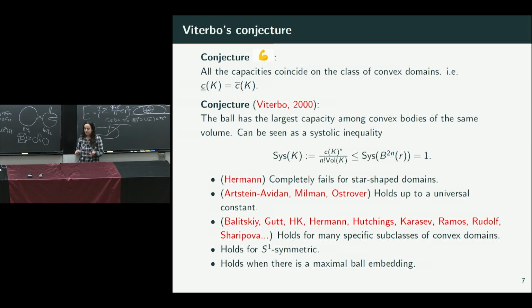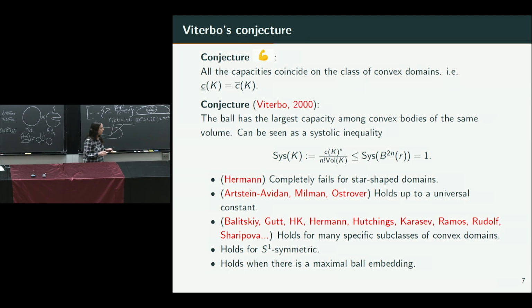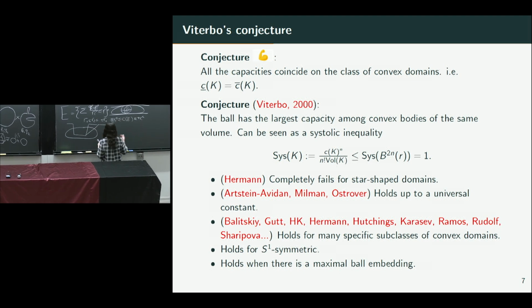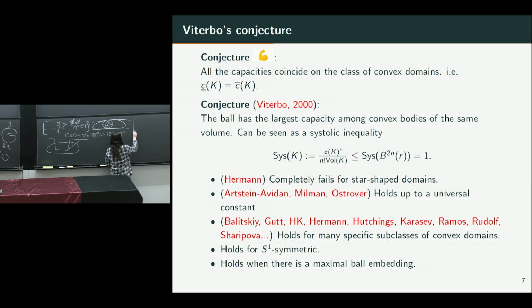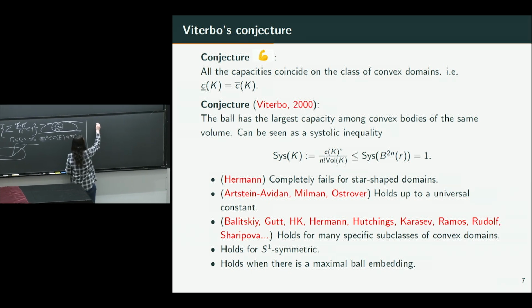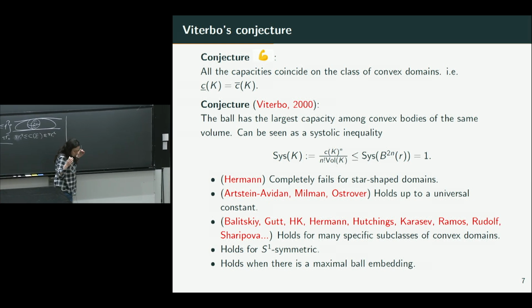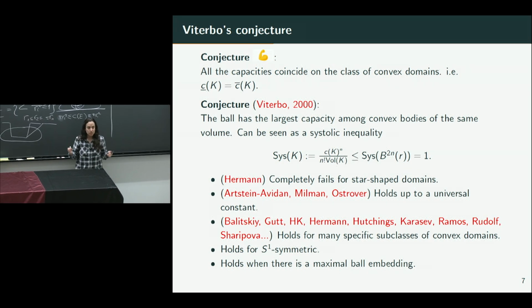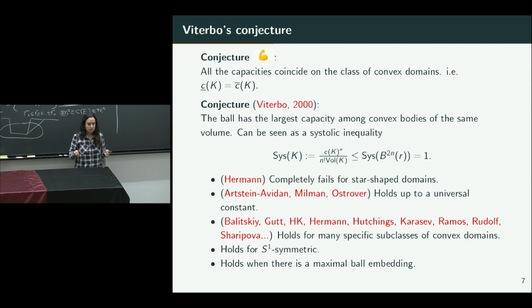So why is that? If I have an embedding of a ball inside my domain which is attained, and also some closed characteristic of the ball lies entirely on the boundary of K.